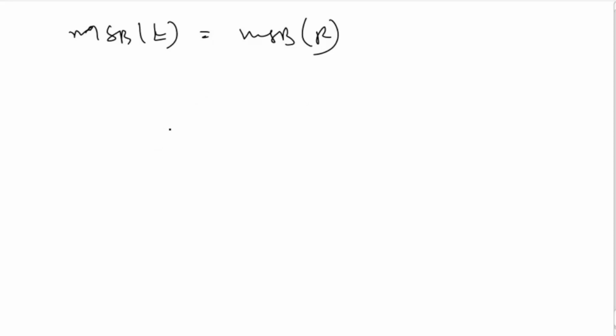So what should we do? If MSB of L is equal to MSB of R, then L is something like this, R is something like this.